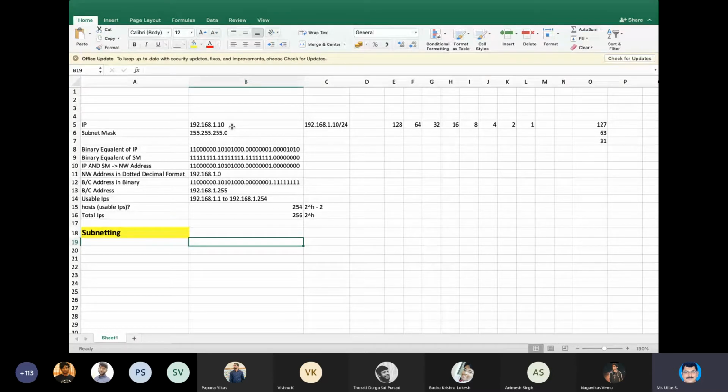So the remaining 249 IPs you are just wasting. Okay. Forget about wasting actually. This is a private IP address and we can use it. There is no harm in doing that.